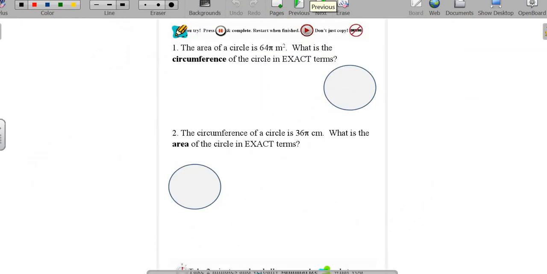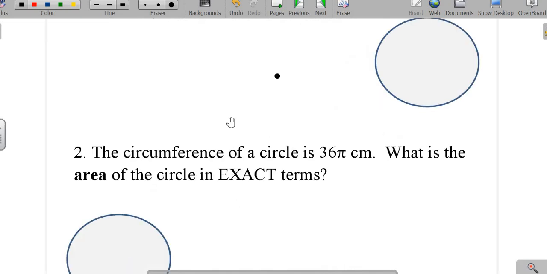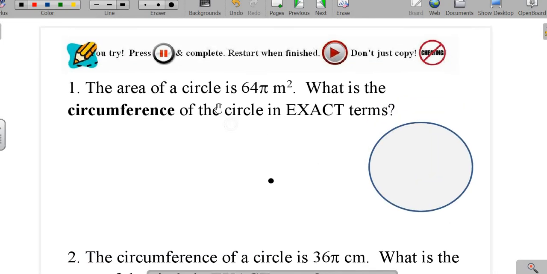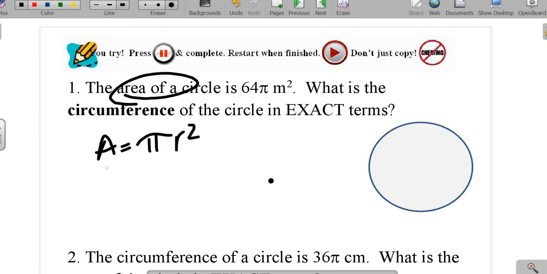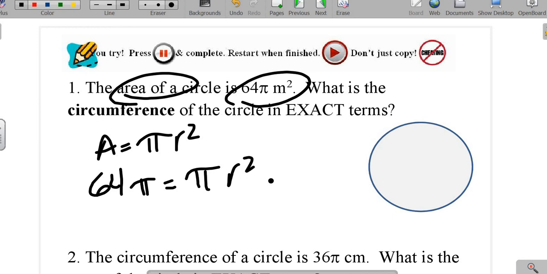This page you're going to do on your own and then check your work. So right here, the area of the circle, area equals pi r squared. That means 64 pi equals pi r squared.